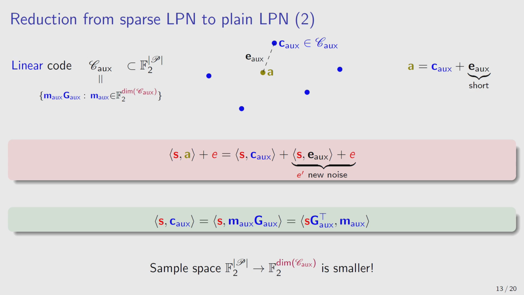Given our parameters, when you look at a syndrome like that, there are many vectors of a given weight with this syndrome.